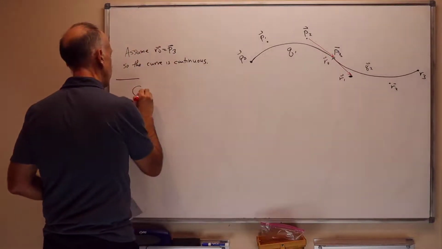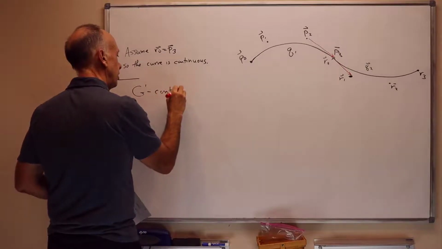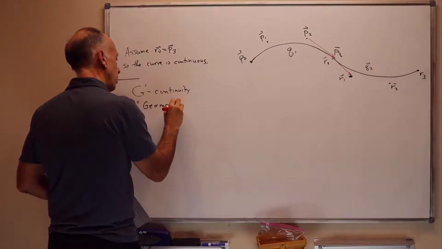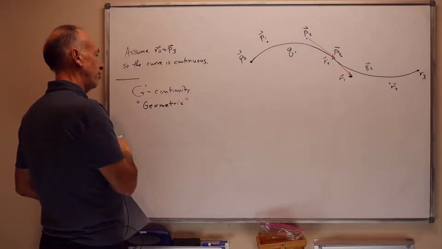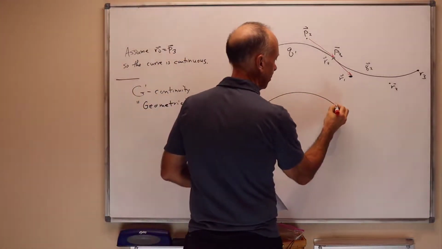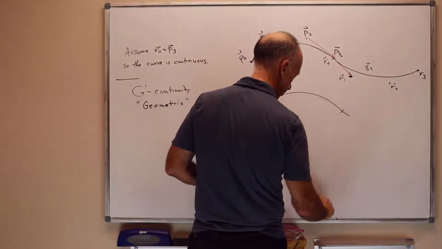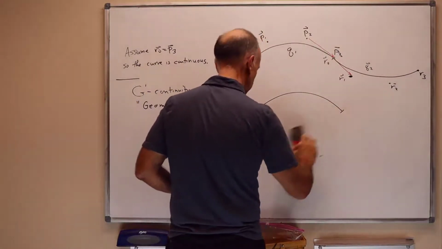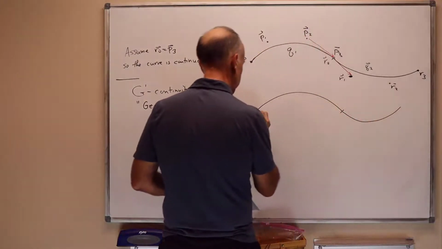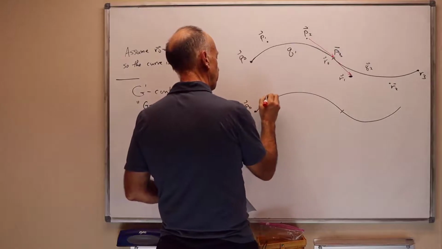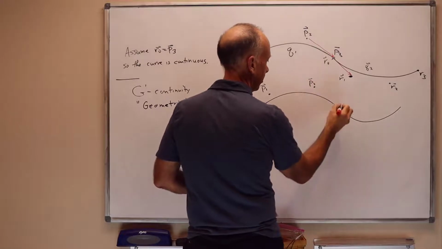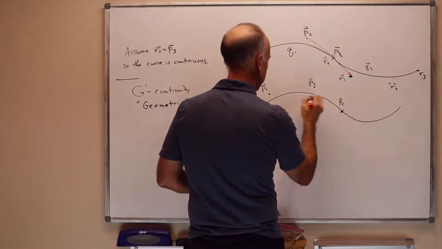So this is G1 continuity, and G stands for geometric, and the 1 stands for analogy to first derivative, although it doesn't really have anything to do with derivatives. An example of what I'm talking about is we might have a curve with two pieces. The control points could be, for Q1, P0, P1, P2, P3.